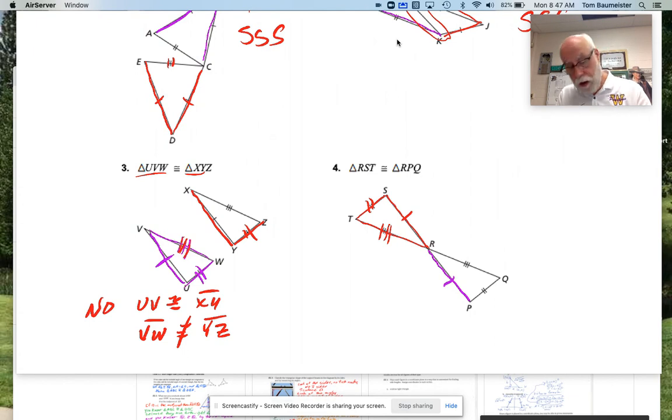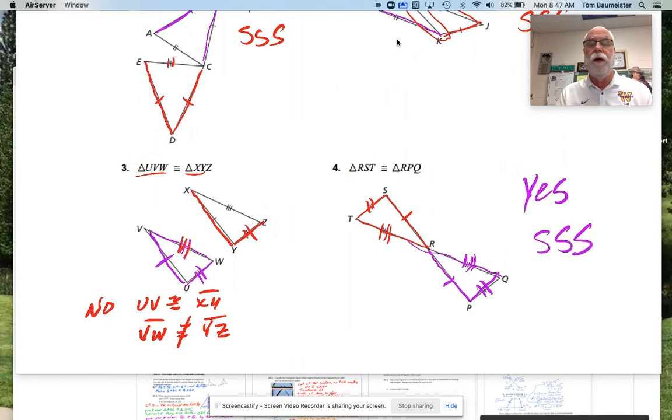We're good so far. PQ goes through the one that's marked 2, and then we end up with the one that is marked 3. So again, this one here would be yes, and our reasoning would be side-side-side. All right. We're going to learn a couple of others tomorrow too.